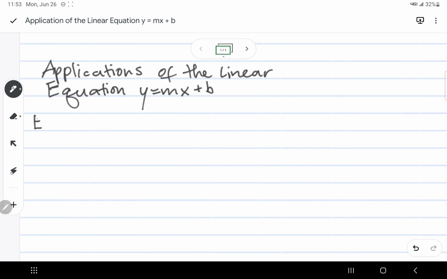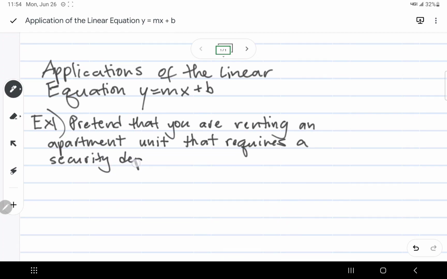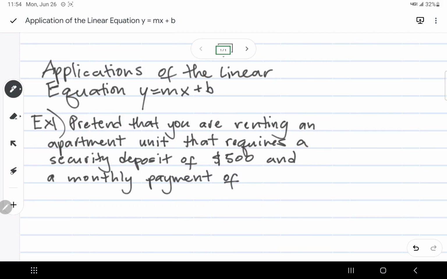So we will start with example 1. And in this example, pretend that you are renting an apartment unit that requires a security deposit of $500 and a monthly payment of $1,400.